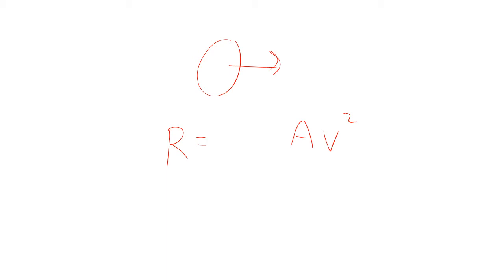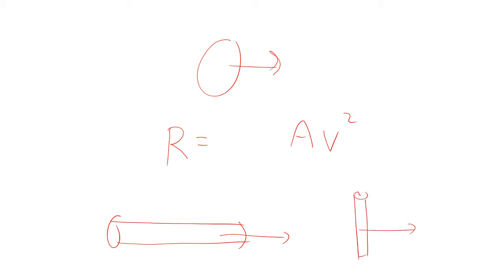An object moving through the air like this actually has less cross-sectional area than something doing this. You only have to worry about the area that's hitting the air, and so this type of object would move faster than the object on the right. So the cross-sectional area matters.